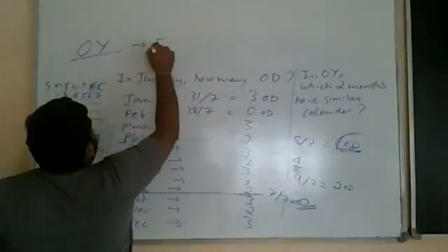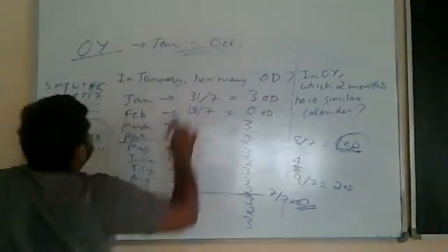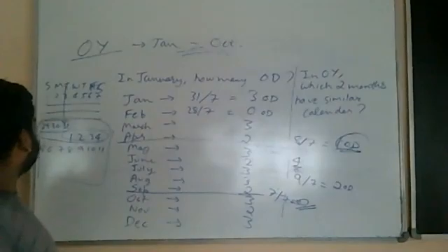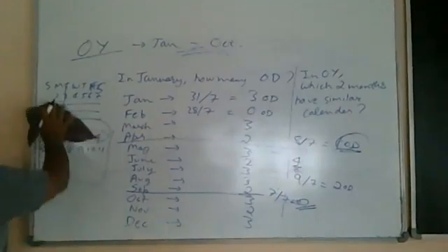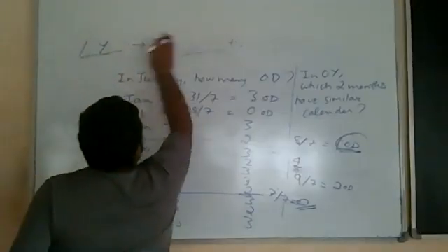In an ordinary year, January will be looking similar to October. Remember, January is equal to October. This much you have to remember. Fine. Now, if I consider it a leap year, then what?